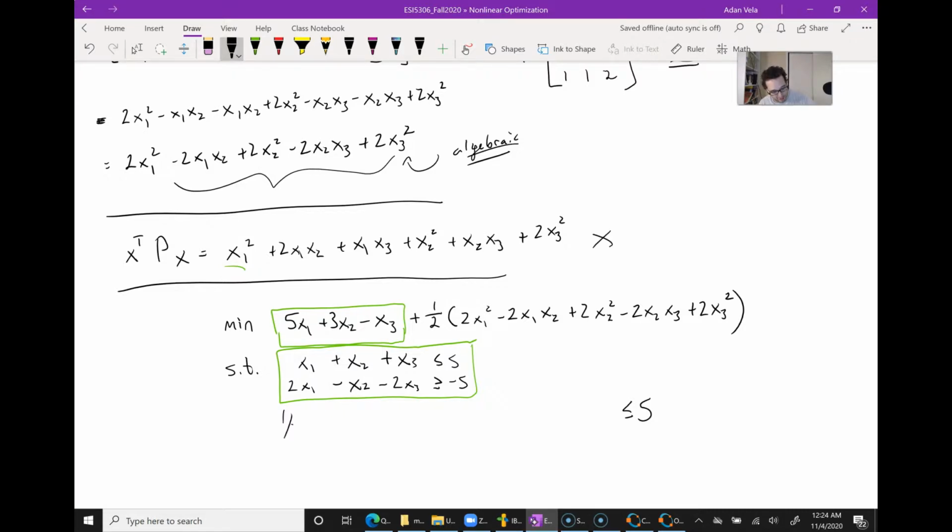It should be 1/2 x1 squared plus 2x1 x2 plus x1 x3 plus x2 squared plus x2 x3 plus 2x3 squared. Okay, there we go. So all that stuff has to be less than or equal to 5.